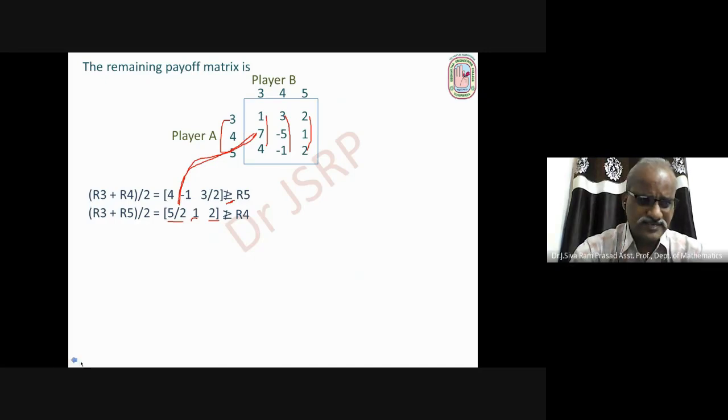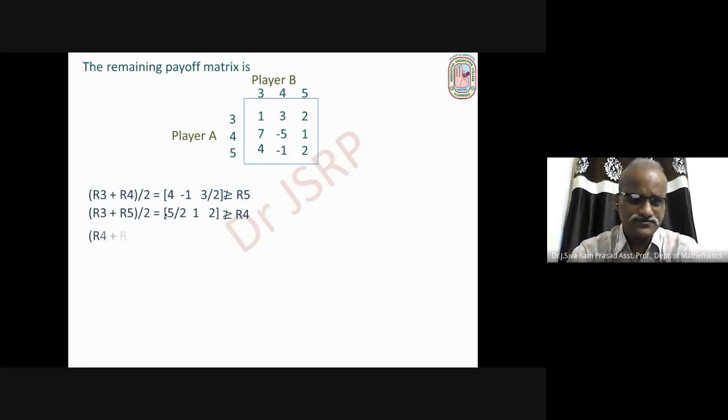Okay. So next combination, take the average of row 4 and row 5, R4 plus R5. So 7 plus 4, 11, 11 by 2. Next, -5 and -1, -6 by 2, -3. Next, 1 plus 2, 3, 3 by 2. So this is the average of row 4 and row 5. Compare this with row 3.